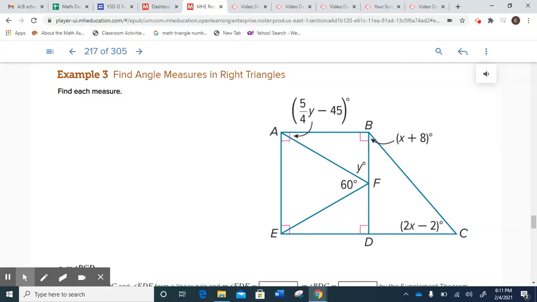All right, we're going to go ahead and solve this example 3 using some things that we know about right angles. So we have the quadrilateral ABDE, and all of those angles have little pink boxes in the corner, which represent 90 degrees. So we're going to use that to help us figure out the leftover angles of our triangle.